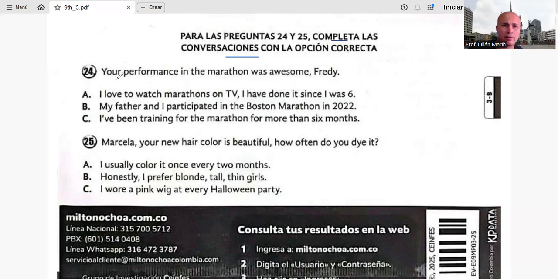We have the conversation starting right here and continuing here with the three options. So what is important and what is my suggestion in this case? You need to be very, very attentive to the content. What is happening? Where is it happening? Who is talking? Try to answer as many questions as possible to yourself so you can understand the content. Let me show you with this example.